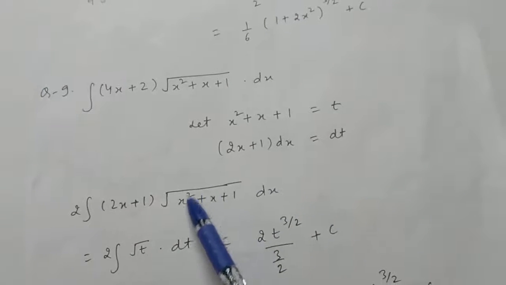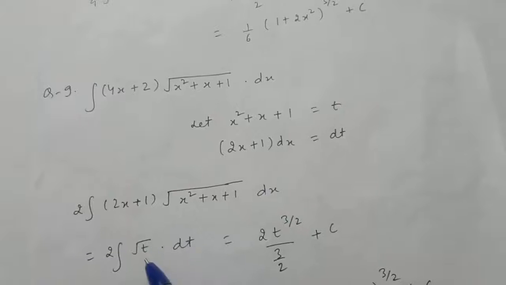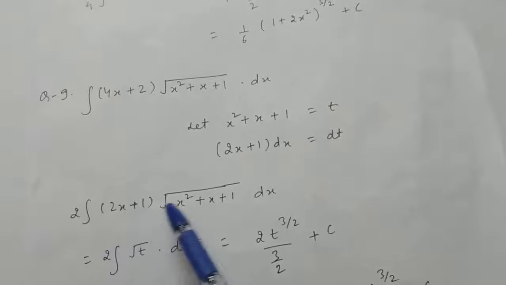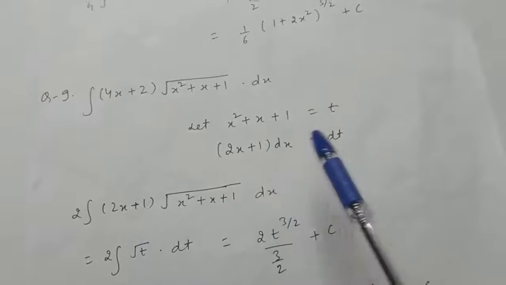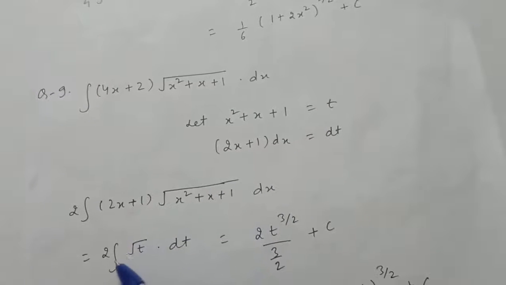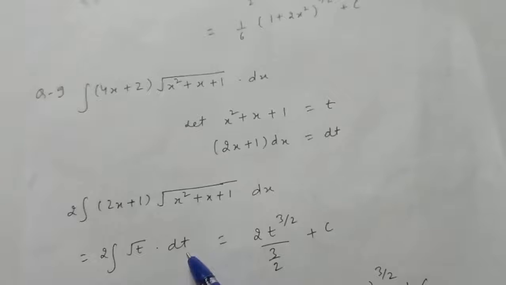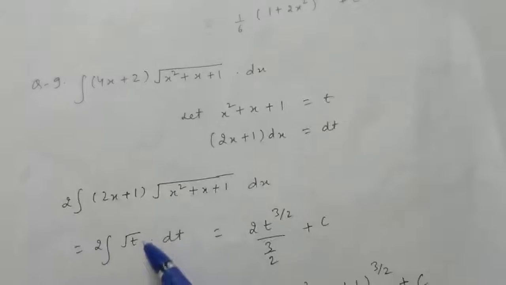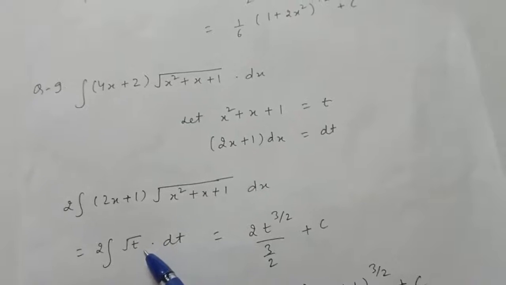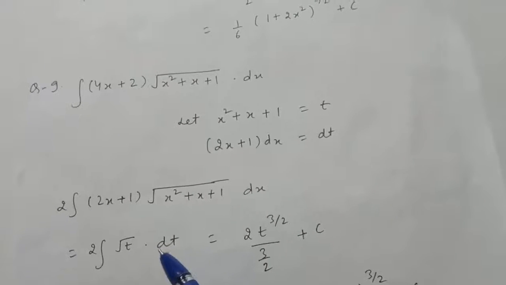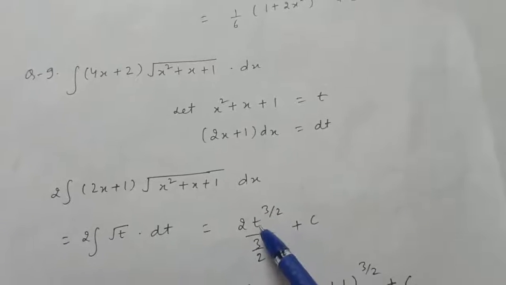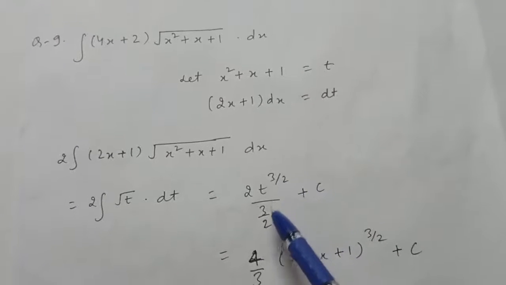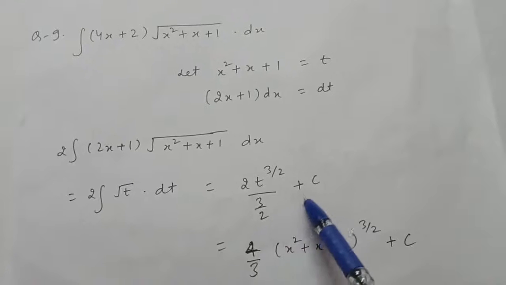Now the root of this will become root t, 2 as it is, and (2x plus 1) dx is dt. So you will get 2 integral of root t with respect to t. Now this is equal to 2 integral of root t, that is, integral of t raised to the power 1 by 2 is t raised to the power 1 by 2 plus 1, that is 3 by 2, upon 3 by 2 plus c.